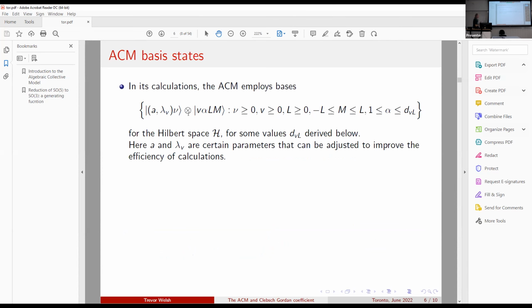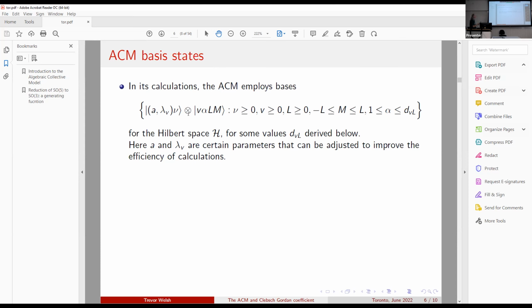So we want a basis for the Hilbert space, and in fact, we use a variety of different bases. They look like these. These are states on the radial Hilbert space. This is perhaps a bit of strange notation.